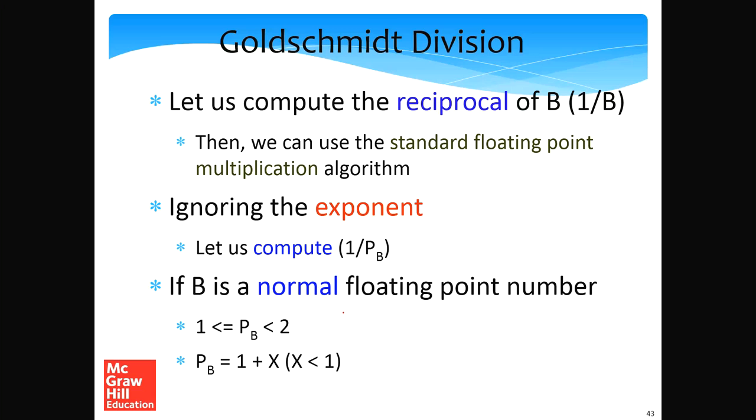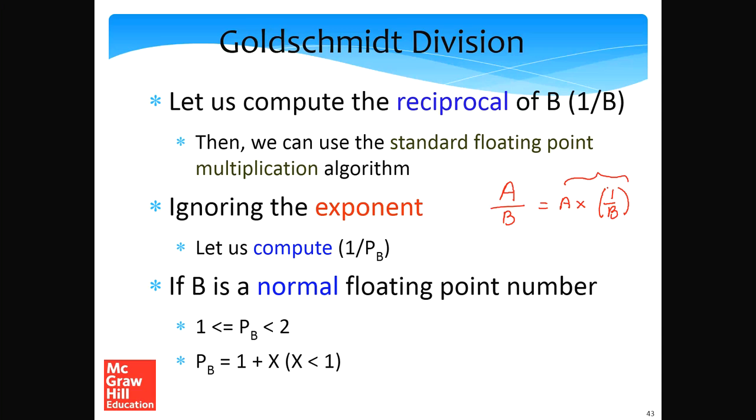So let us look at Goldschmidt division. So we'll talk about two division algorithms. So one is Goldschmidt division. So my basic insight is like this. Let's say I want to compute A divided by B. So A divided by B is A multiplied with 1 by B. I have a fast algorithm for multiplication.